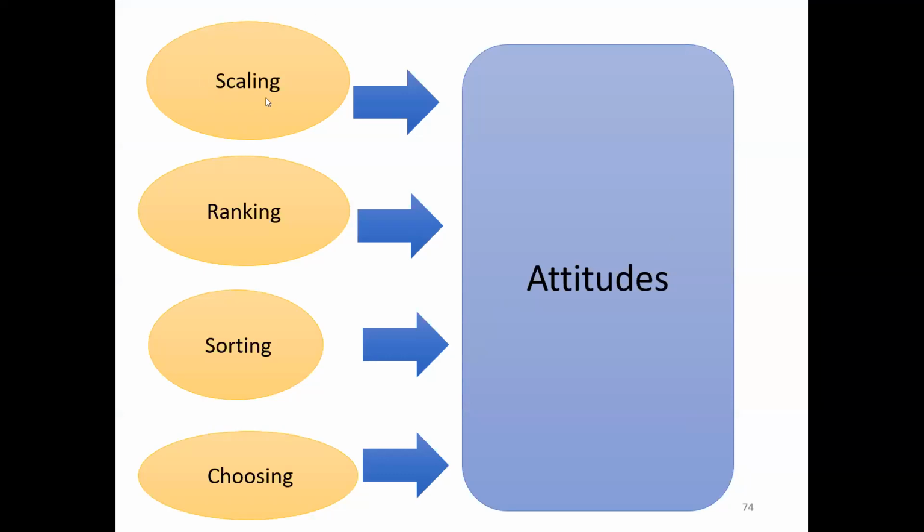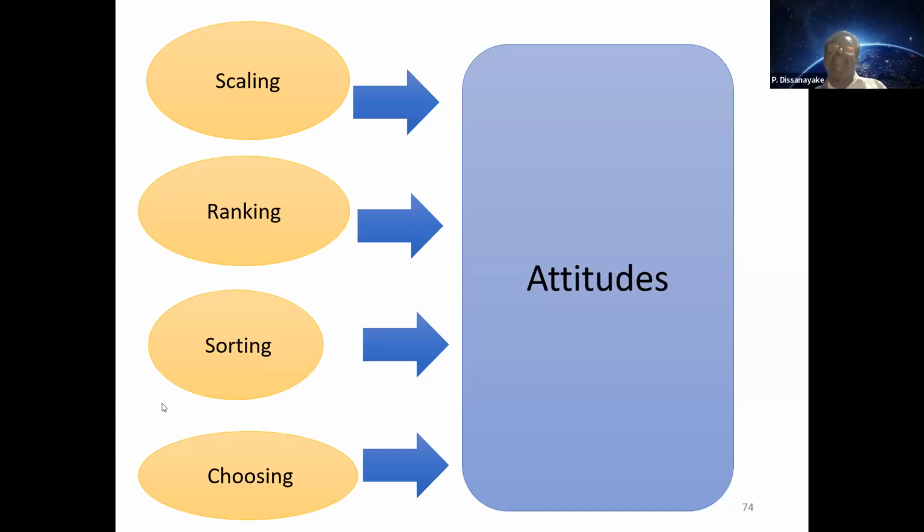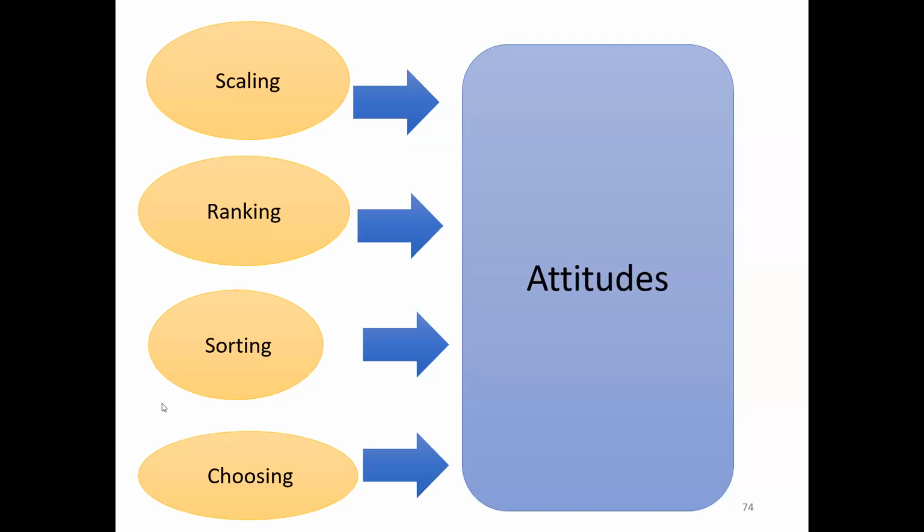They are scaling, ranking, sorting, choosing. We'll understand each one so that we are able to prepare a good questionnaire with close-ended questions so that we can measure the attitudes quantitatively.